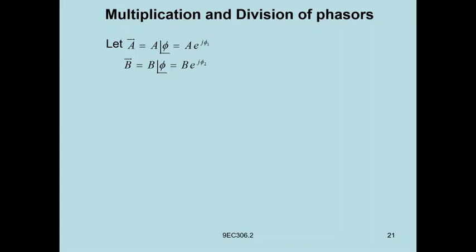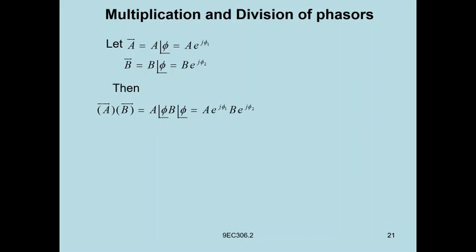So, now we have to multiply or divide these phasors. Now we are considering the multiplication of phasors A into B. See, A into B, that is A at an angle of phi 1 into B at an angle of phi 2. This we can also write as A e to the power of j phi 1, B e to the power of j phi 2.